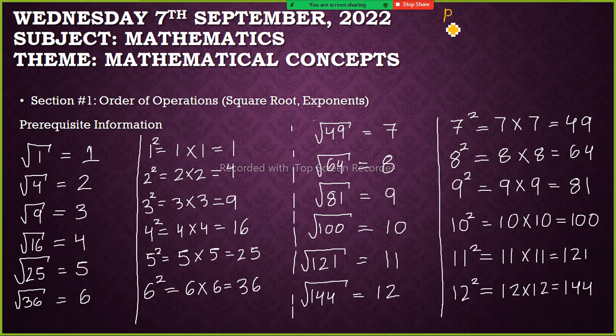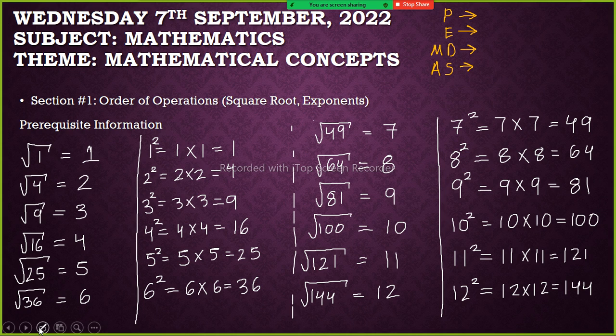P is for parentheses, E is for exponents, M is for multiplication, D is for division, A is for addition, S is for subtraction. So we do parentheses first, exponents second, then multiplication and division from left to right, then addition and subtraction from left to right. So that is the order that we're going to be doing these operations.